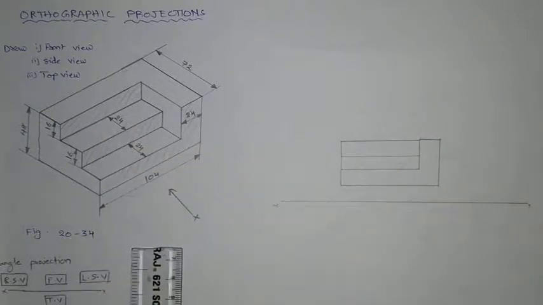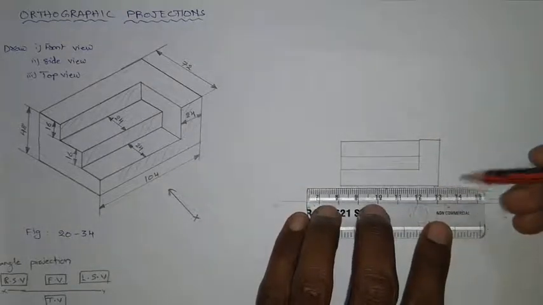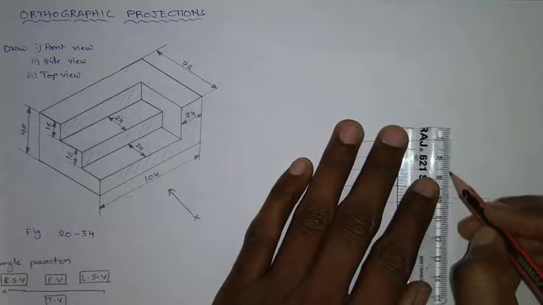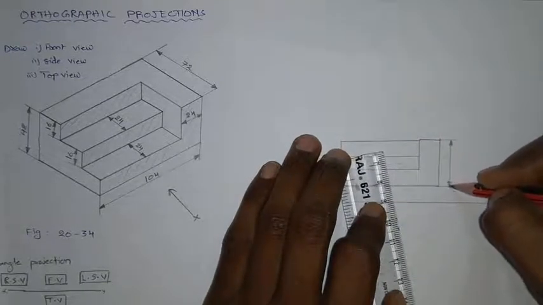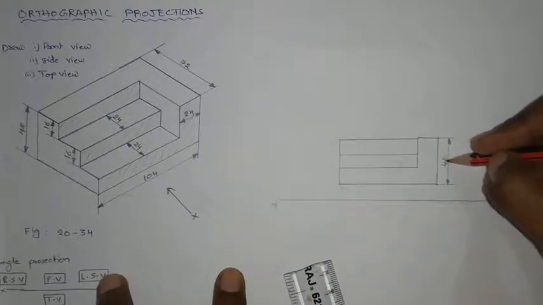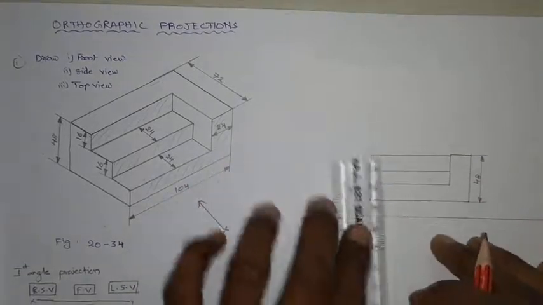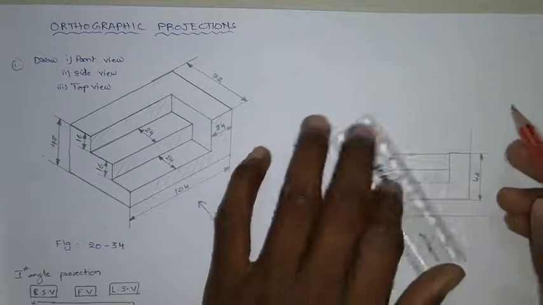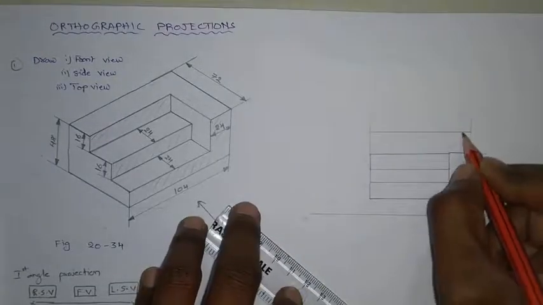So you have to give some dimensions. Dimensions are mandatory. So you can mention this height here, 48, and we can mention this length, this is 104.